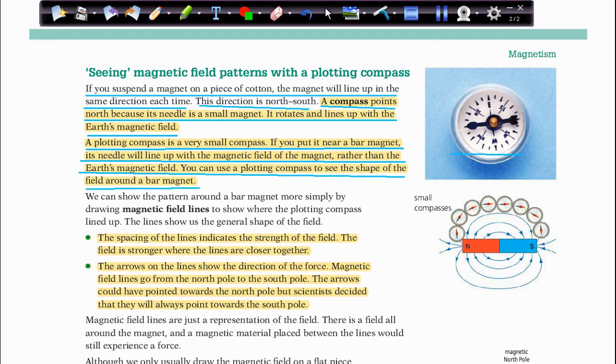We need a bar magnet like this, and we need to place the compass in this way. We draw a dot where the North Pole is pointing. Then move the compass like this and draw another dot. Each time we do this until we can get a pattern. Then we can just connect the dots.